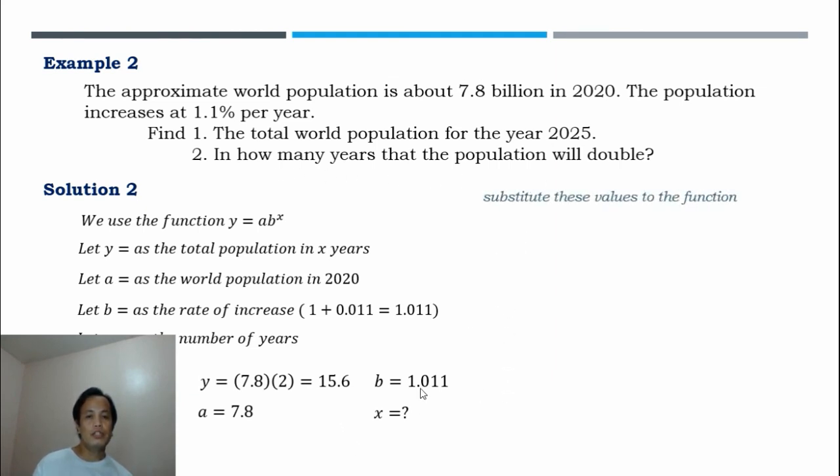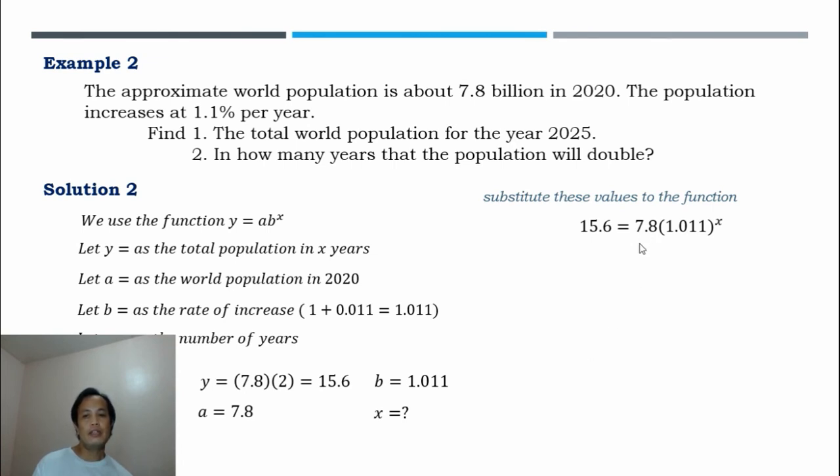So substitute this into the function: y equals a times b raised to x. For y it is 15.6. This time, we will not be using 7.8 for y, because the number will double after some number of years that we don't know yet. So 15.6 equals the initial value, 7.8, times b, which is 1.011, raised to x, the number of years. We need to solve for x.